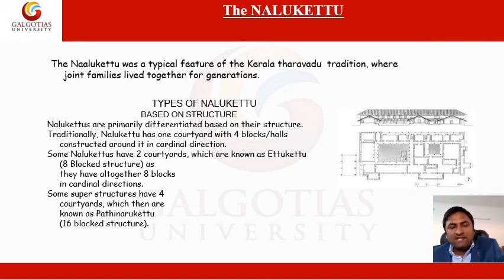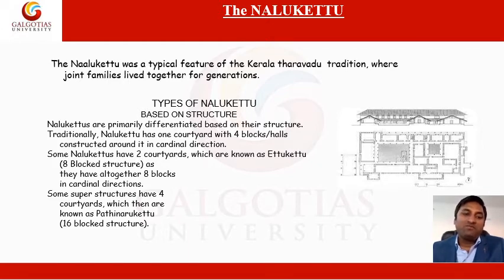So in the rest of this presentation, we will discuss the Nalukettu. The Nalukettu was a typical feature of Kerala traditional architecture, where joint families lived together for generations. The types of Nalukettu are primarily differentiated on the basis of their structure. Traditionally, Nalukettu has one courtyard with four blocks, or four halls constructed around it in cardinal directions.